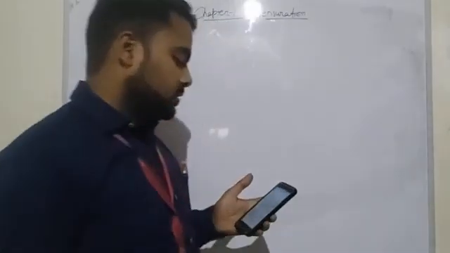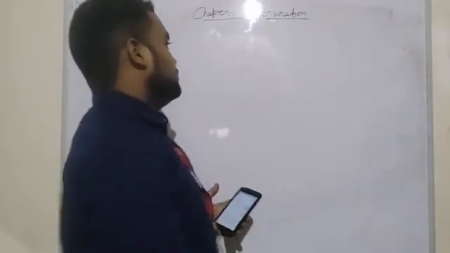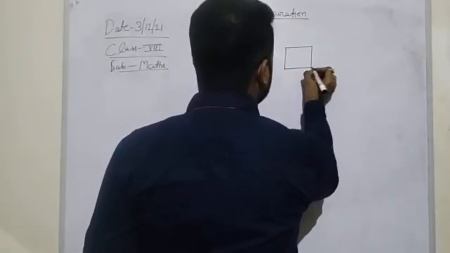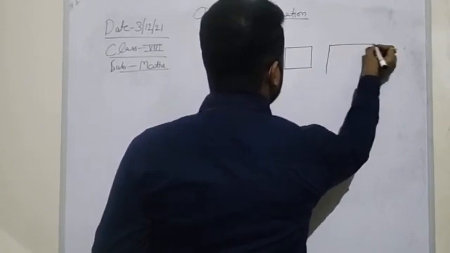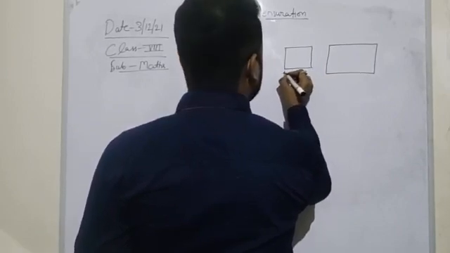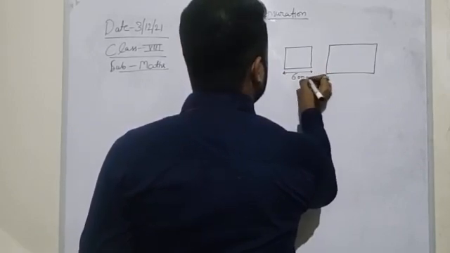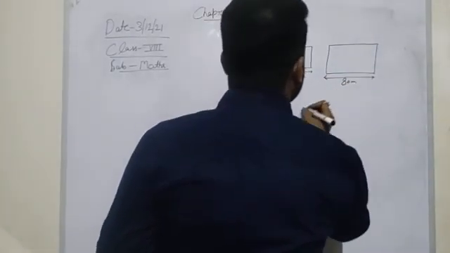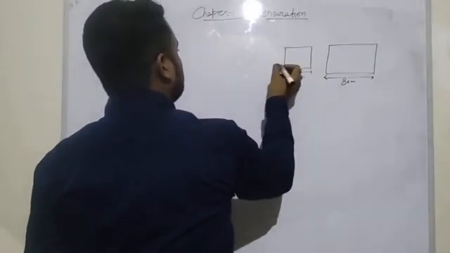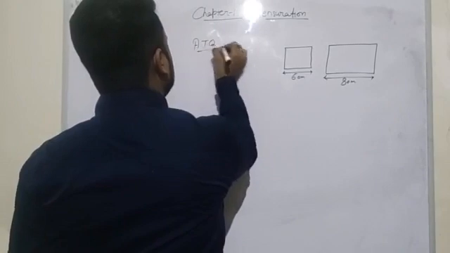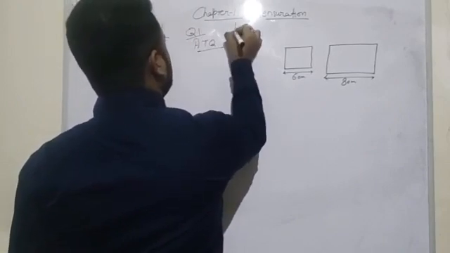In the question it is asked which field has larger area. So the two fields are there. One is in shape of square and the other is in the shape of a rectangle. 60 meter, 80 meter.